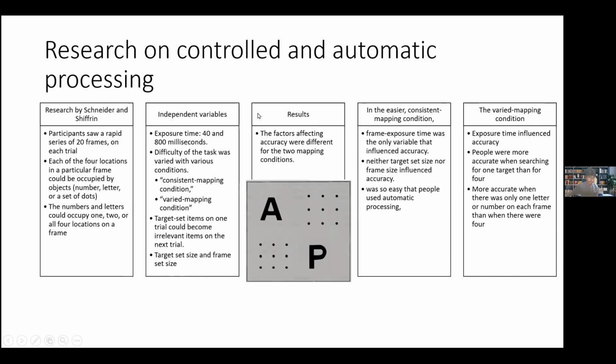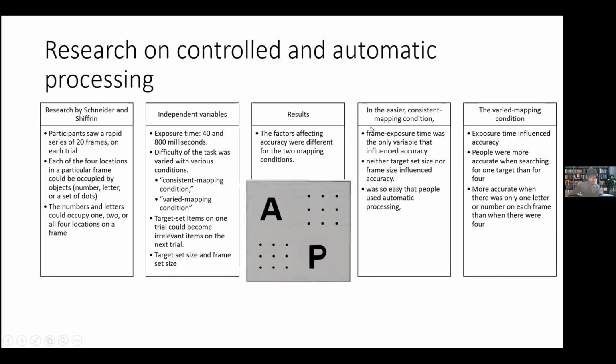So in the easier condition, where it was consistently mapped, in the sense that the position of the letters was always in a particular position, the top left or the bottom right, that was easier because you know that the letters are going to come in this particular position only. It's not going to be anywhere else.